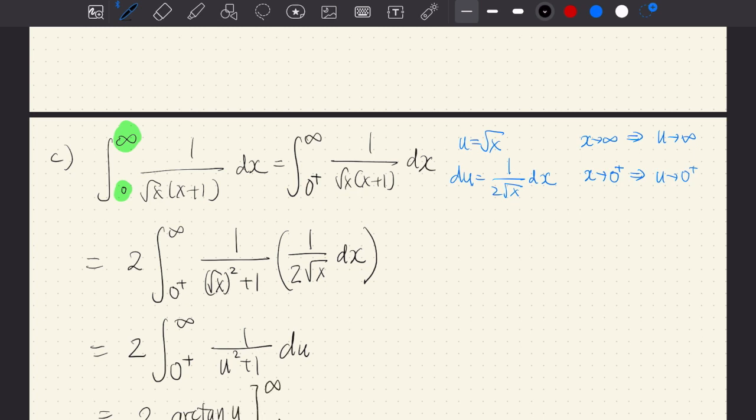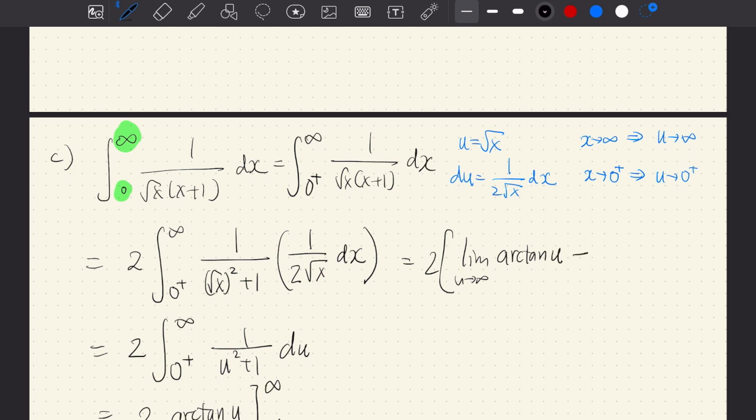Now there are 2 terms we want to evaluate, which both involve limits. Here for the first term, for the upper limit, sorry, it is not x, u is going to infinity, and this is for arctangent u.